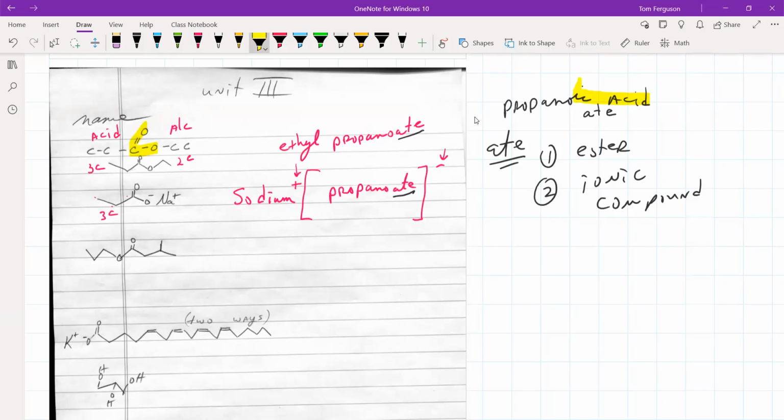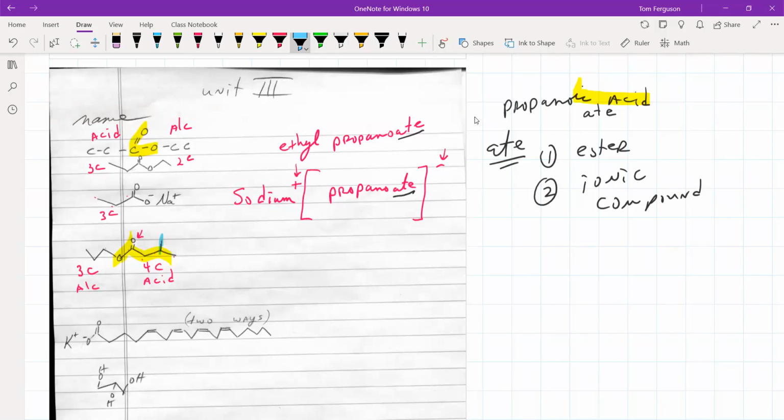All right, so what do we have here? We have another ester. And we have a 1, 2, 3, 4. 1, 2, 3. Remember, the acid is on the carbonyl side. Okay, we have a branch also. A little methyl branch. Okay, that'd be on carbon 1, 2, 3.